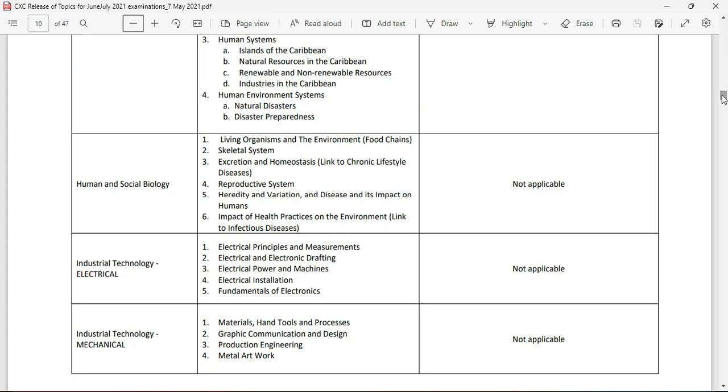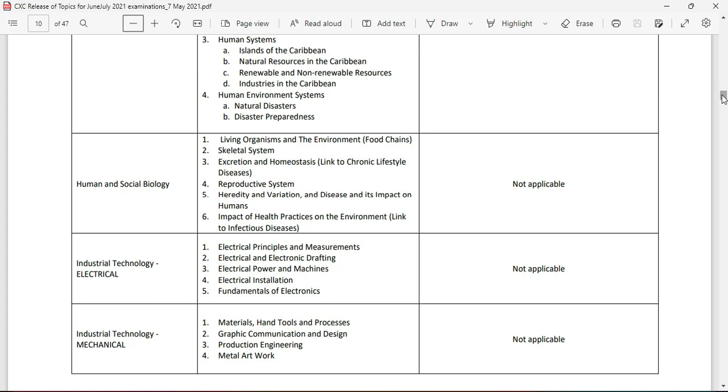Now, if we look here, human and social biology, last year, paper 3 was not applicable because there was no SBA for human and social biology in 2021. In 2022, for the first time, we're going to be having human and social biology. Now, last year, 2021, the broad topic was 1. Living organism and the environment.